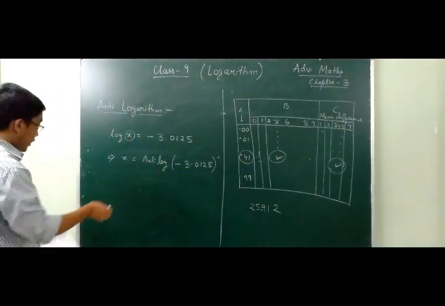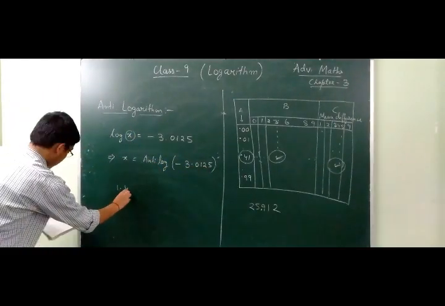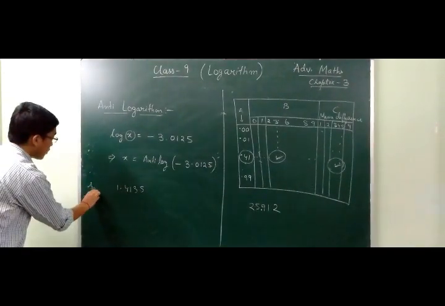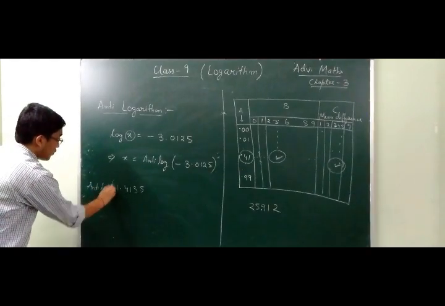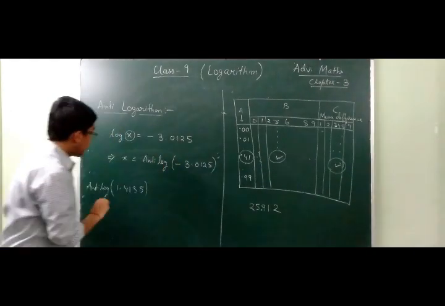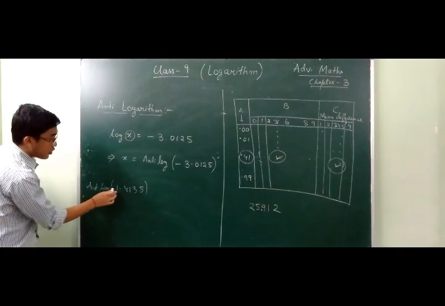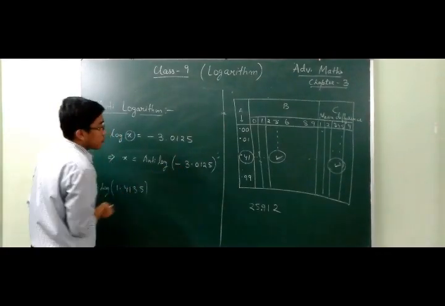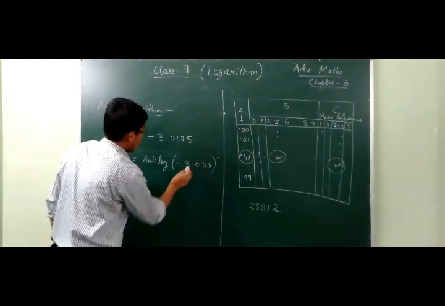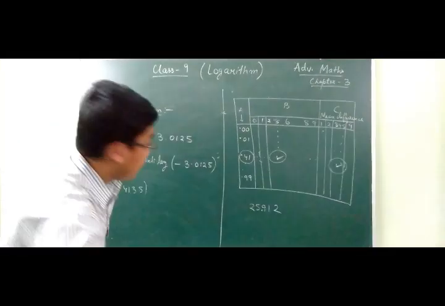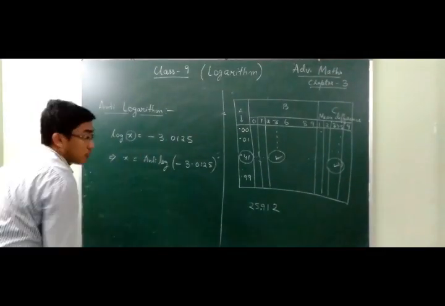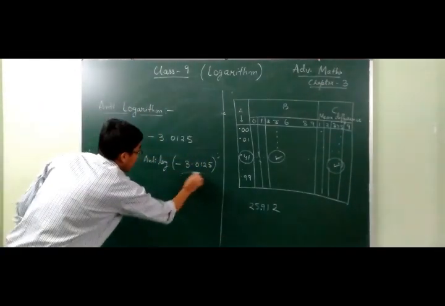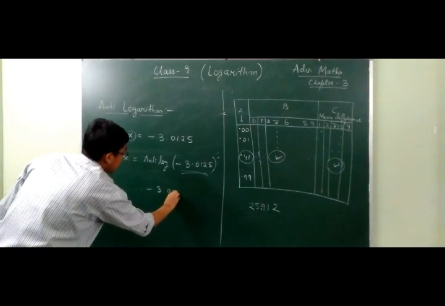If the number is positive, like in the previous case it was 1.4135, and we take the antilog, to use this table we ignore the digit before the decimal. But if the number itself is negative, we cannot do that. So what can we do? To use this log table, we have to find the antilog of this number.